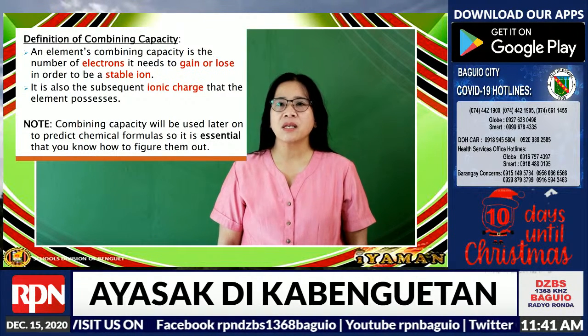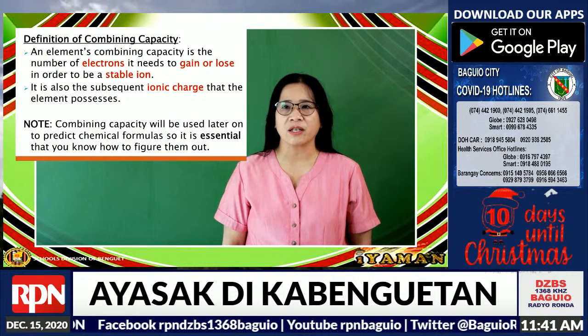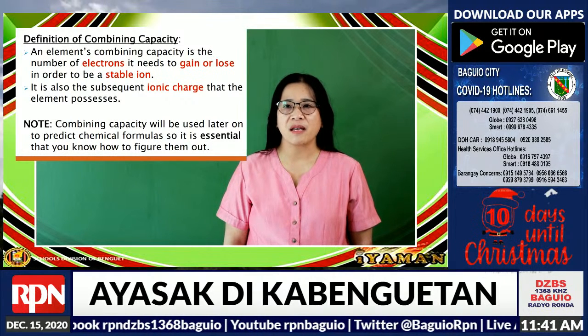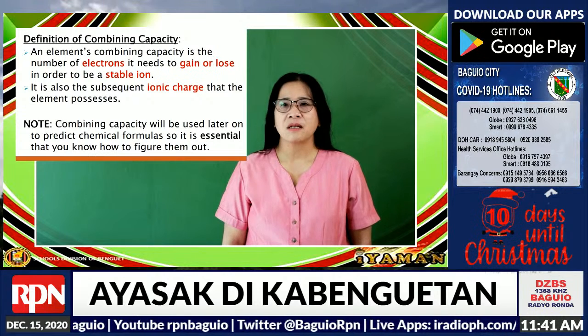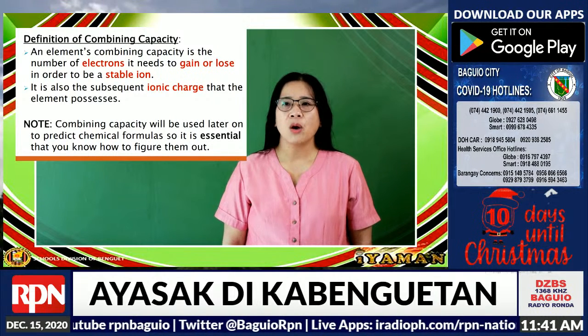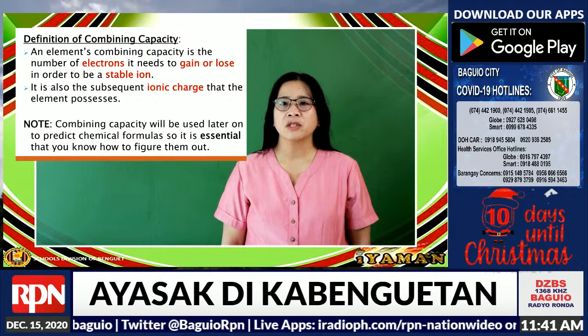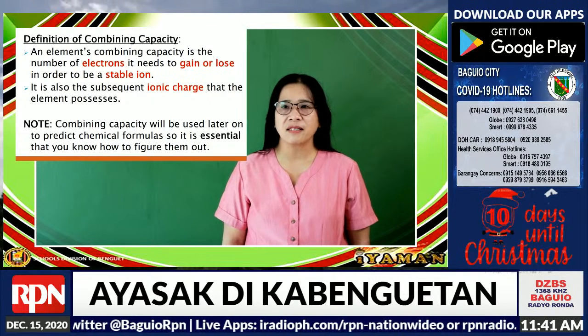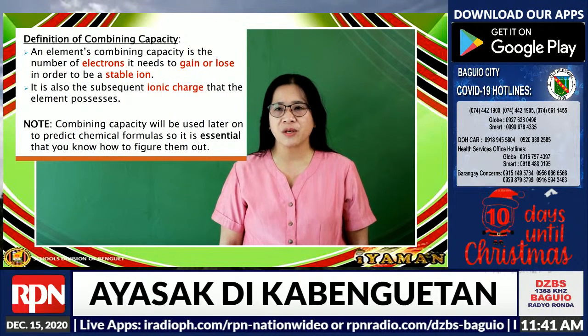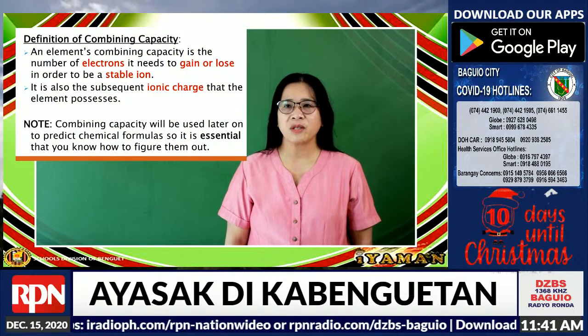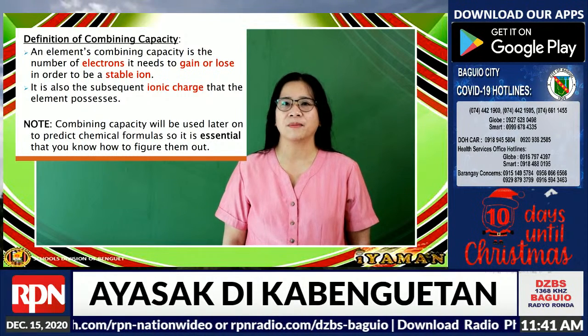It is also the subsequent ionic charge that the element possesses. Take note that the combining capacity will be used later on to predict chemical formulas, so it is essential that you know how to figure them out, just like what we have done in the example.